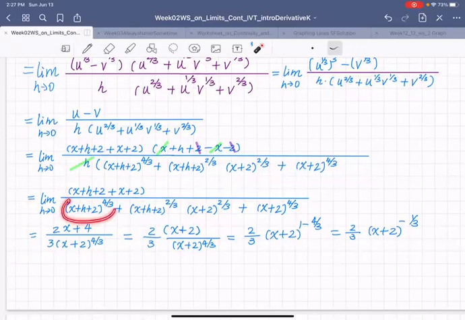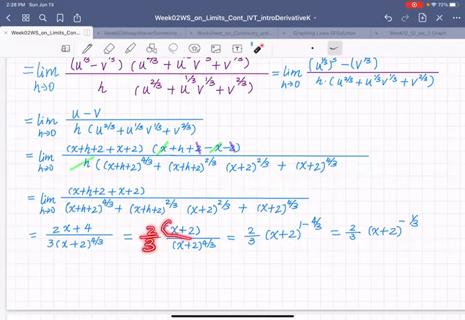So this is x plus 2 to the power 4/3. This is another one, this is another one. You have how many? You have 3. 3 times x plus 2 to the power of 4/3 down here. This is 2x plus 4. You can definitely take out 2/3.